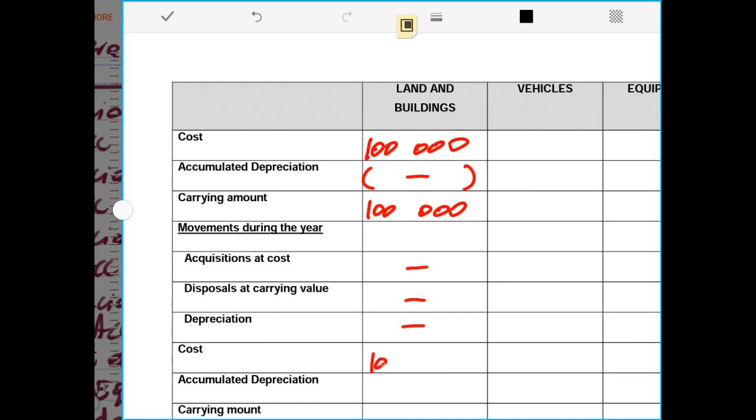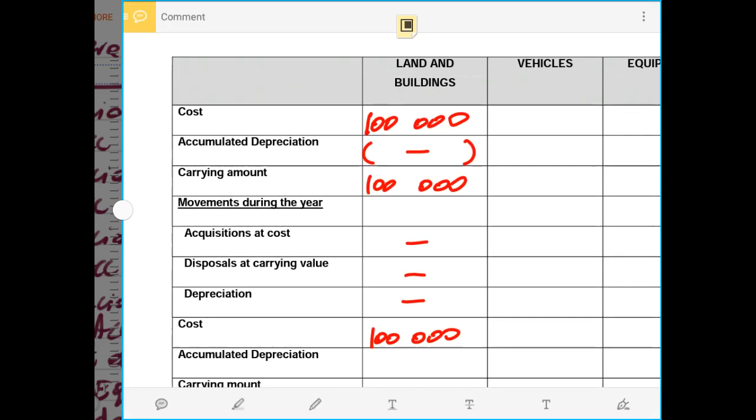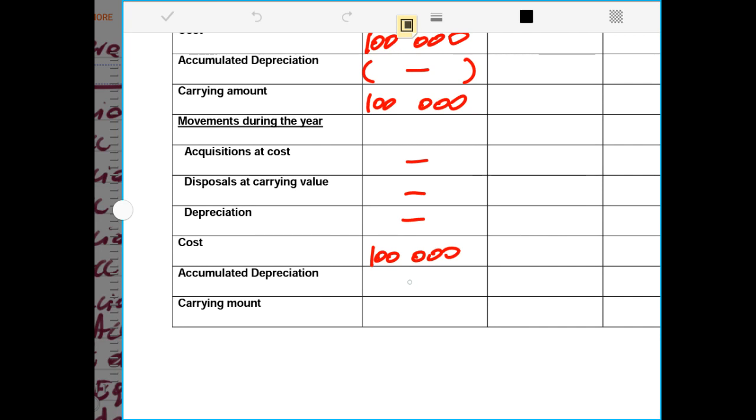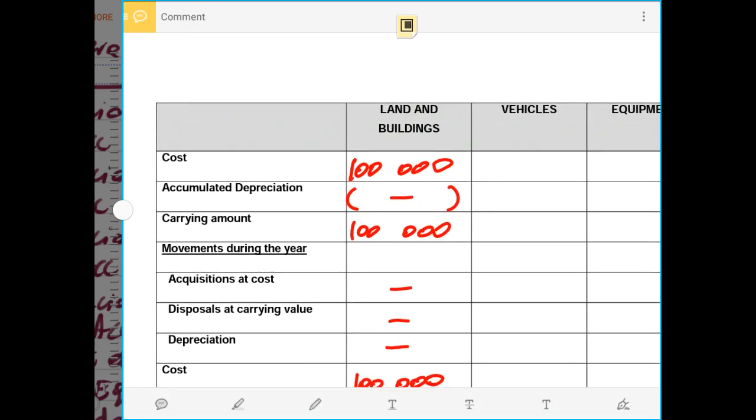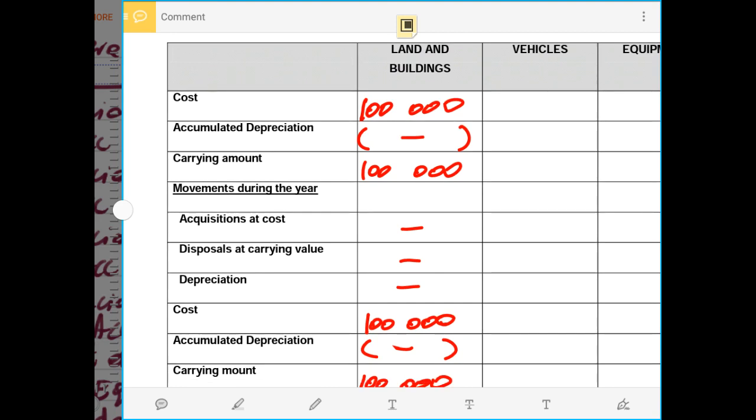Therefore, the cost at the end of the year will remain 100,000 rands. Remember, land and building in this exercise is regarded as if it does not depreciate. Then at the end of the year, we'll have the carrying amount as the same 100,000 rands. When it comes to land and building, it is just always a giveaway marks.